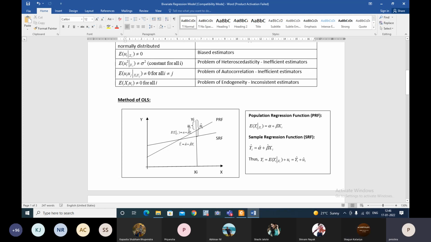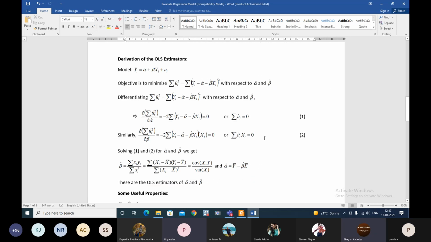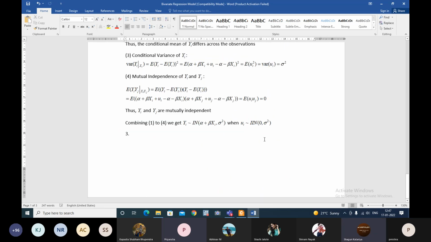If we don't know ui, we also don't know its variance. So not only is alpha not known, sigma square is also unknown. Even if we estimate the value of alpha, it won't be the same, so we won't get the exact distribution of alpha hat.